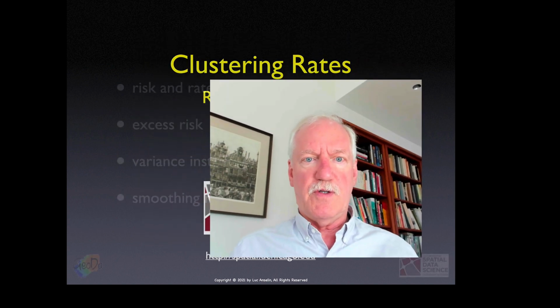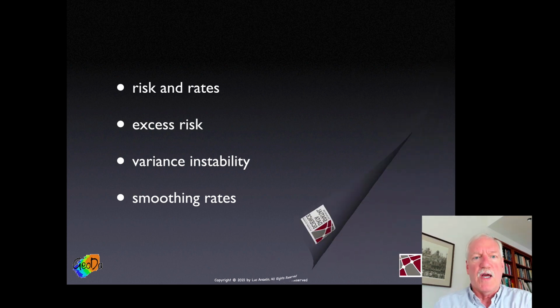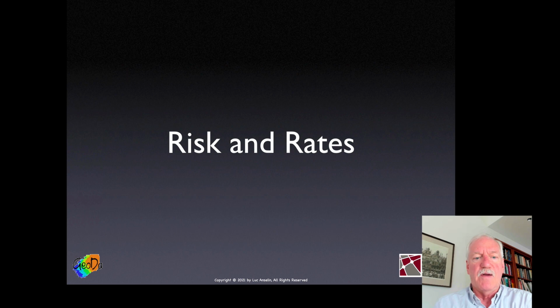So in this first set of slides, I start by clarifying the concept of risk and rates, then define excess risk and excess risk maps, discuss a little more technical the issue of variance instability in rates, and then finally how we use smoothing to correct for this instability.